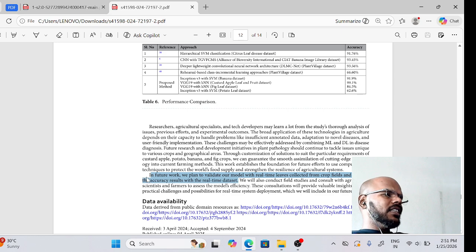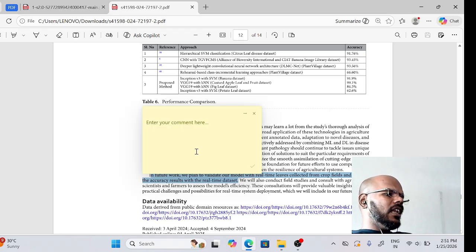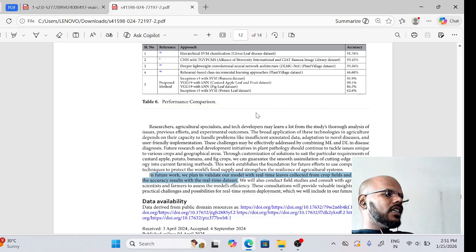That means the data used in this paper is not real time data. It is collected from databases like Kaggle or somewhere else. What the author wants is to use real time data collected from the crop fields. So this is the future aspect.